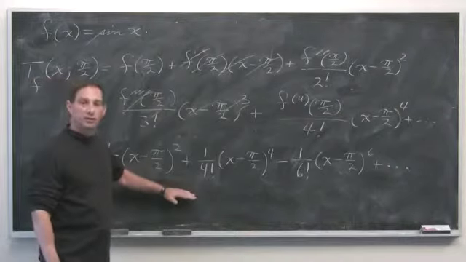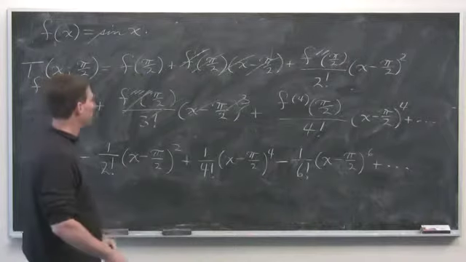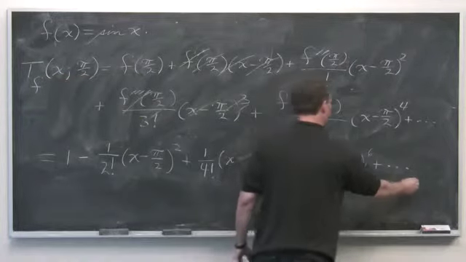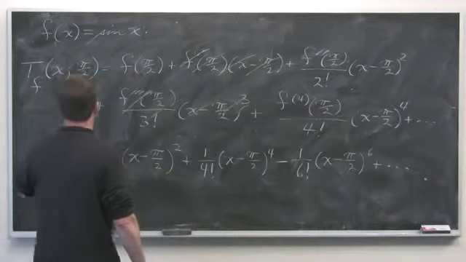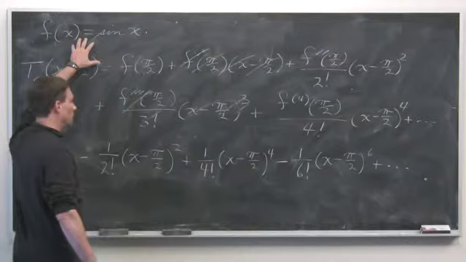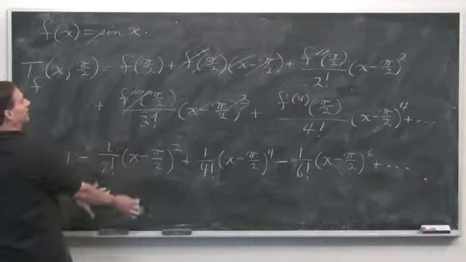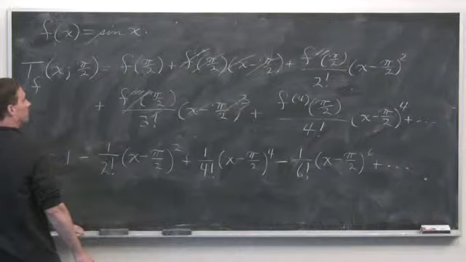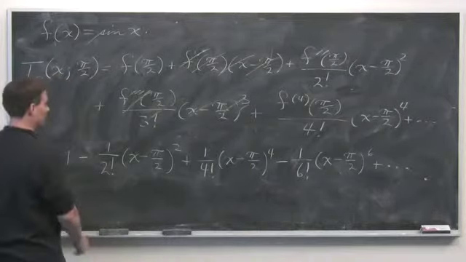You might find it difficult to write this in summation notation, and I will do that in a minute, but in the meantime, what's a reasonable approximation for sine of x when x is close to pi over 2? Well, it's approximately 1, because if x is close to pi over 2, sine of x is close to sine of pi over 2, because sine is continuous, and so it's close to 1.